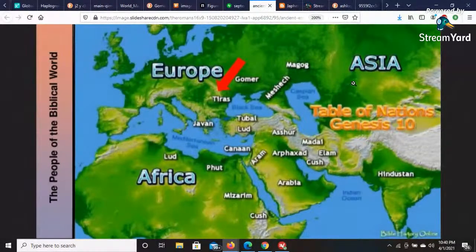Magog, maybe. I'm assuming that the Magog is the main population, because these are different populations. Each name is a different population that exists today. Just a matter of identifying which is which.